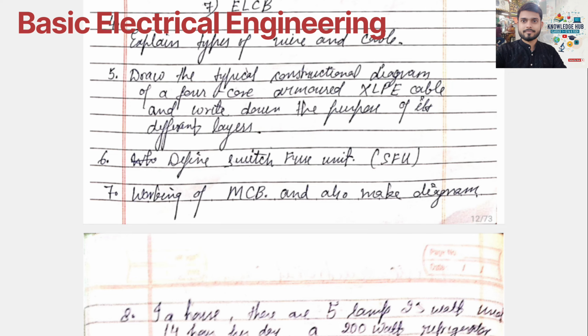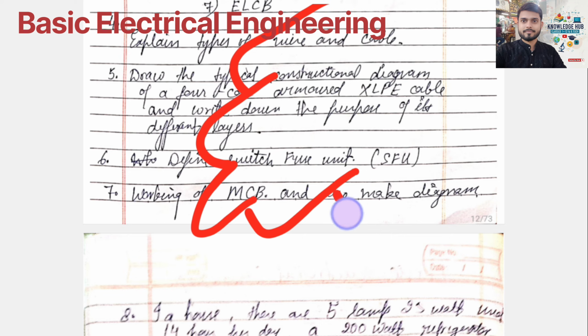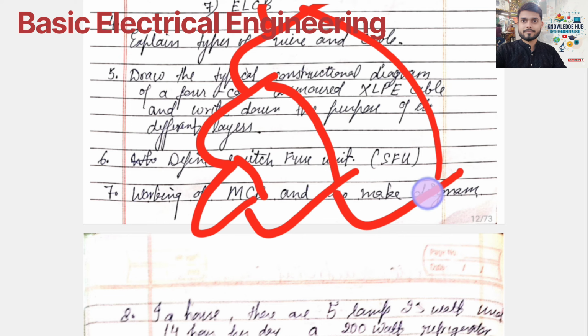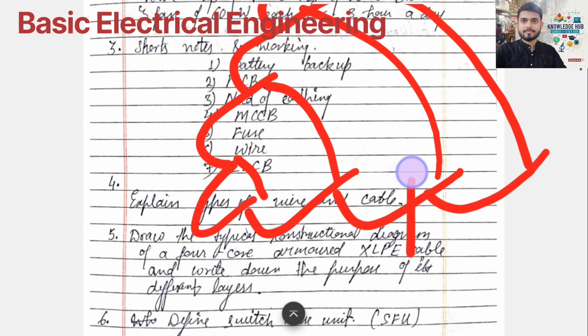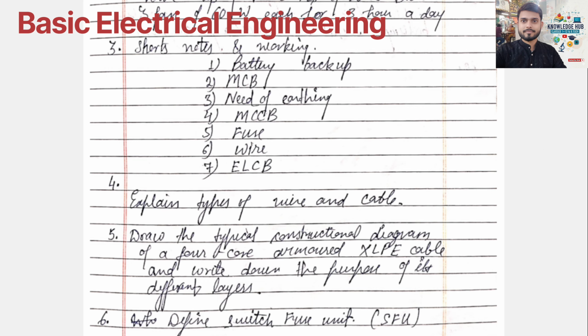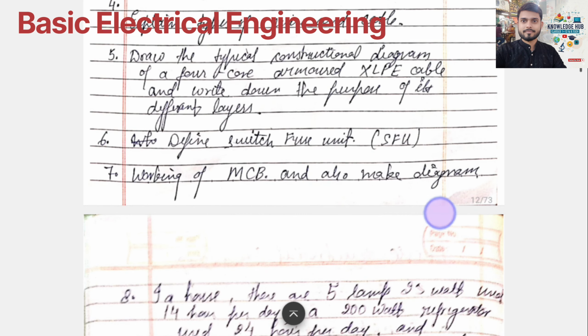And also write down the purpose of different layers. Now we can see the layering of the core and other layers. There are many layers.